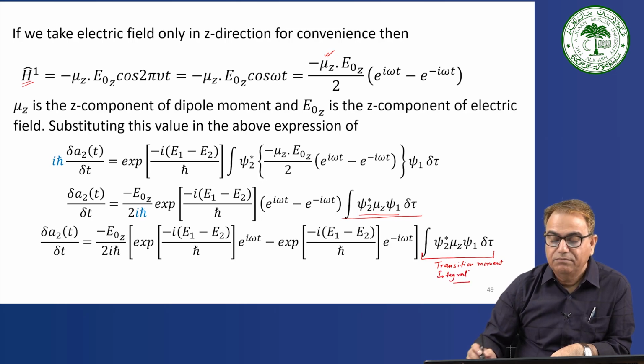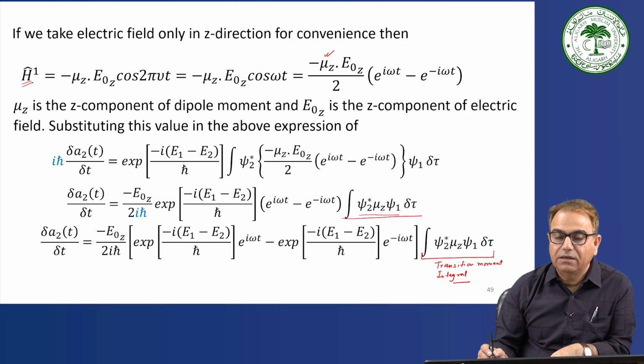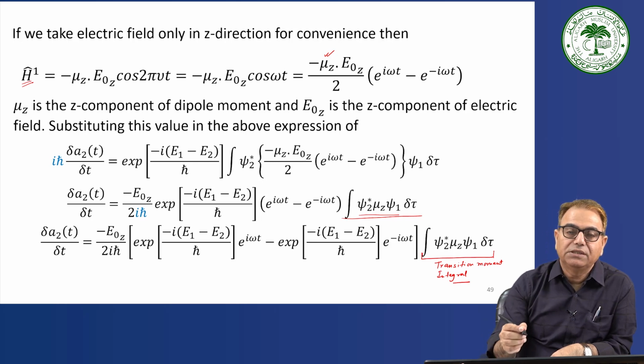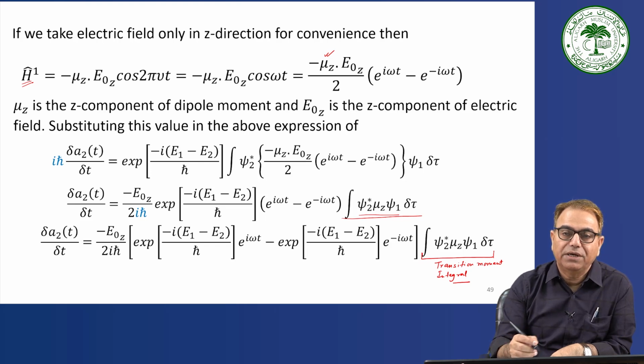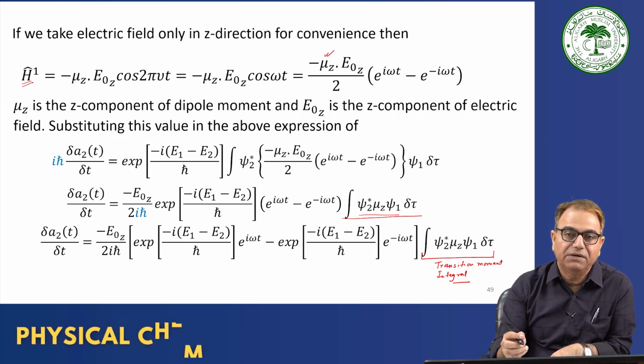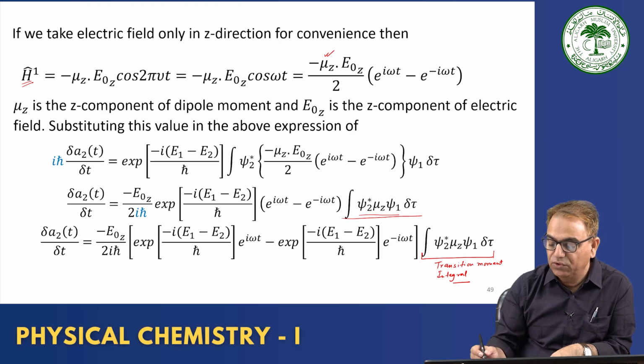Before going to this time dependent perturbation, please go and see the modules on the particle in a one-dimensional box, where I talked about transitions between the energy levels and said that this transition moment integral should not be equal to 0 for the transition to take place.